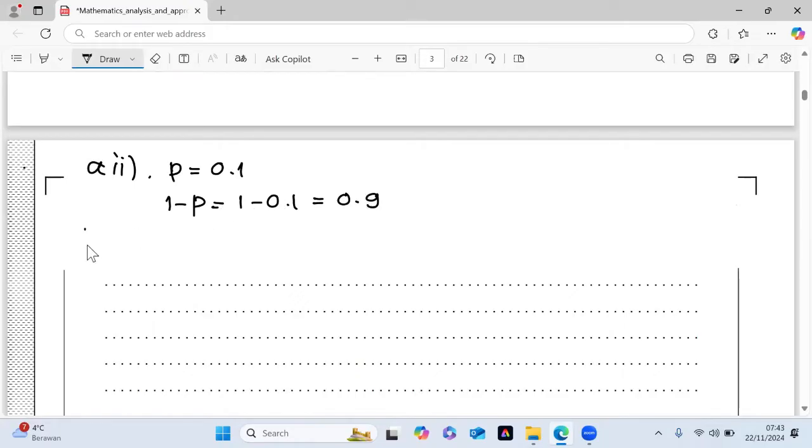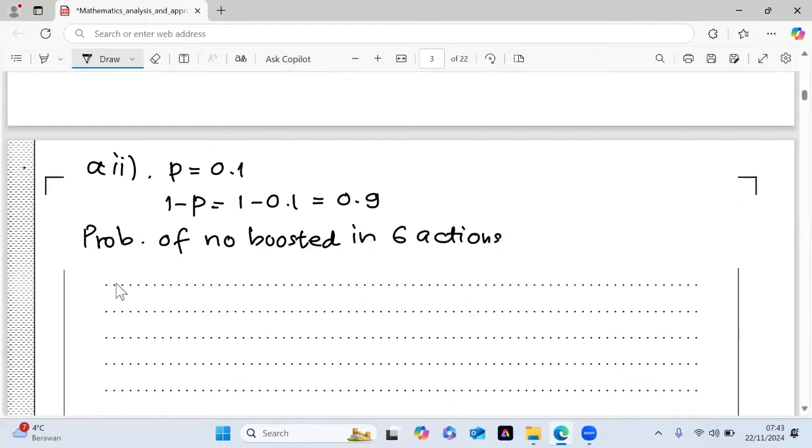The probability of no boosted in 6 actions, like this, we can determine.